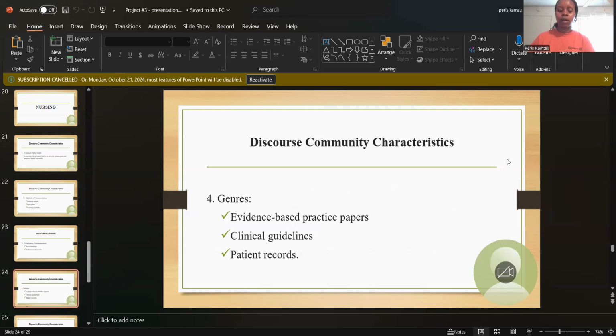Number 4, we have journals including clinical guidelines, evidence-based practice papers, and patient records.